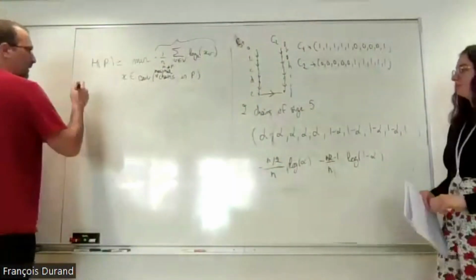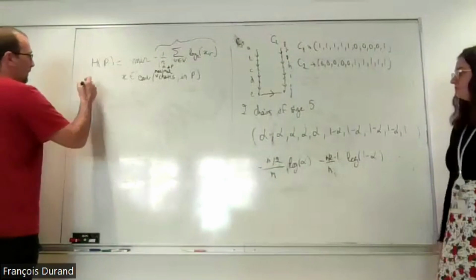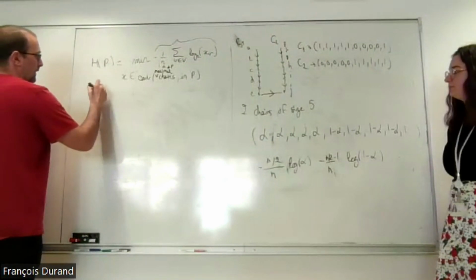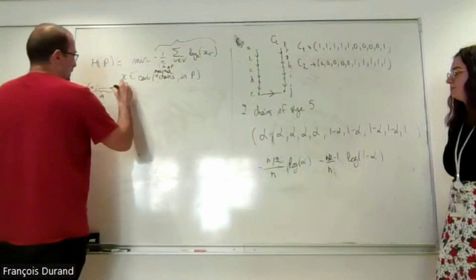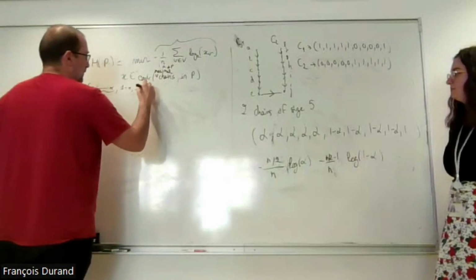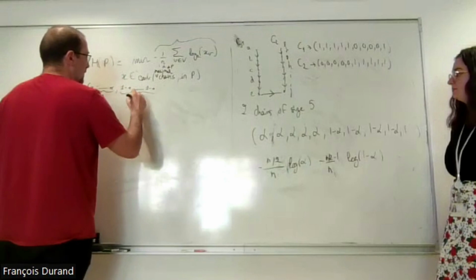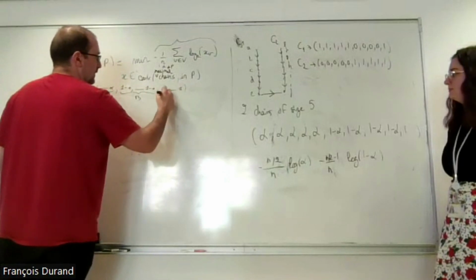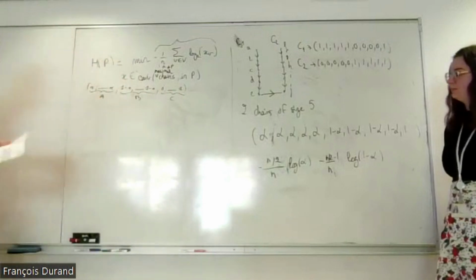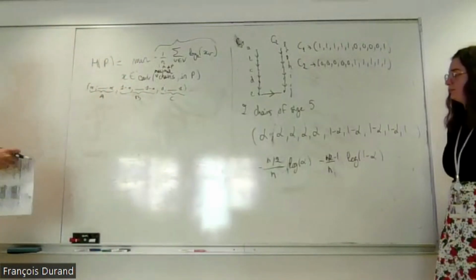Okay, so just for the following, it will be convenient to treat the general case where, in fact, we have alpha a number of times a, 1 minus alpha a number of times b, and 1 a number of times c, which will be equal to n minus a and b.